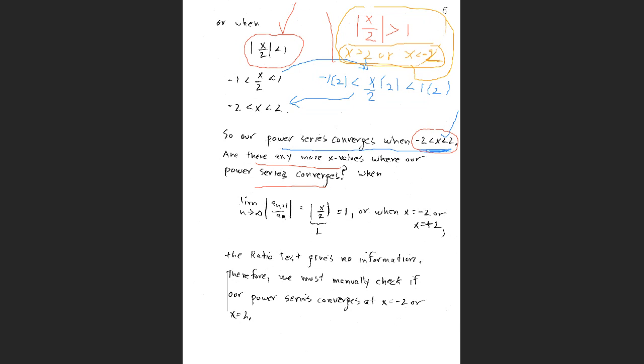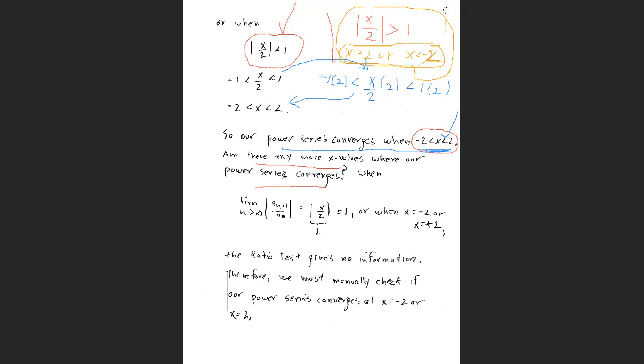the series diverges. Remember, we're using the ratio test, and we're saying that our series eventually is going to behave like a geometric series. Well, geometric series diverge when the absolute value of their common ratio is greater than 1. And geometric series converge when the absolute value of their common ratio is less than 1.